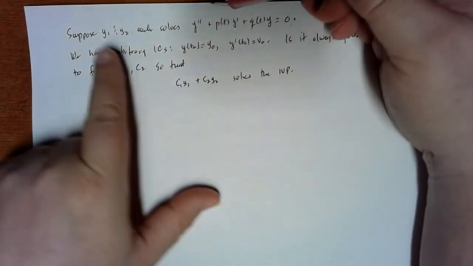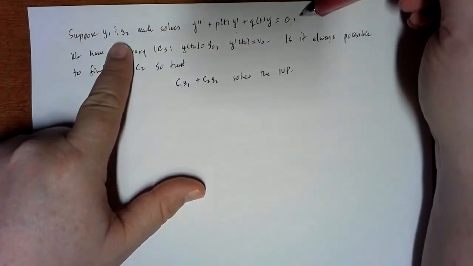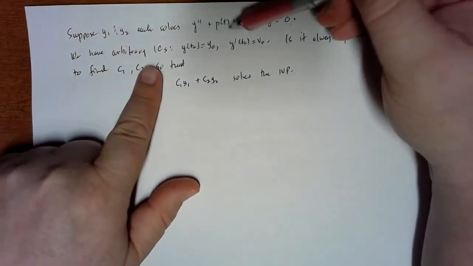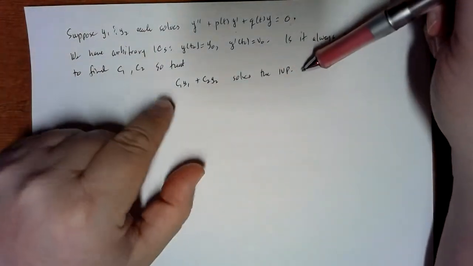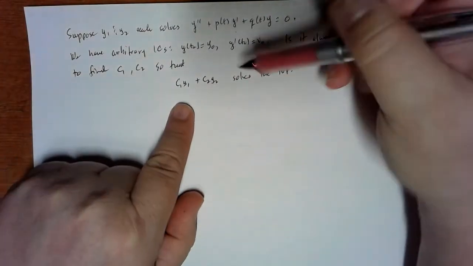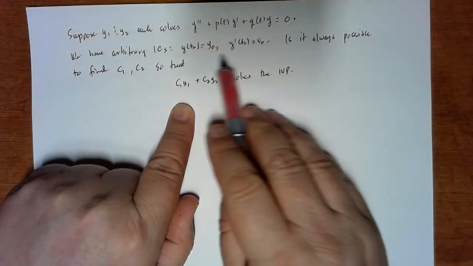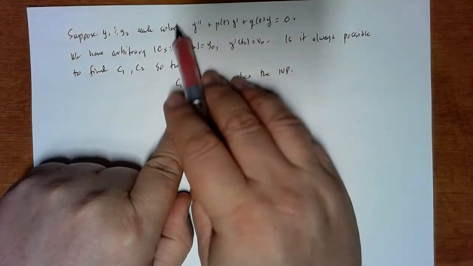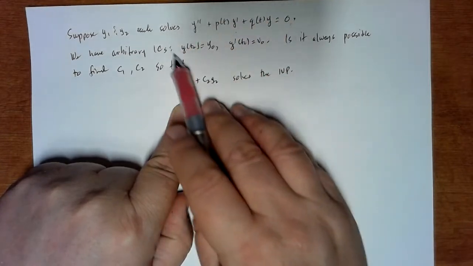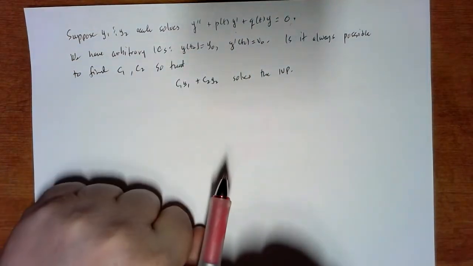So what we're saying here is that I have two solutions to this differential equation, and I know that in general C1y1 plus C2y2 is another solution. The question we're asking here is, can all solutions to an arbitrary IVP be written in this form?